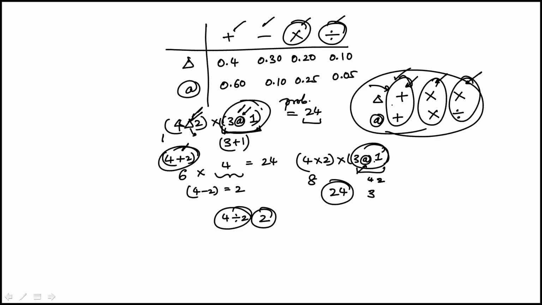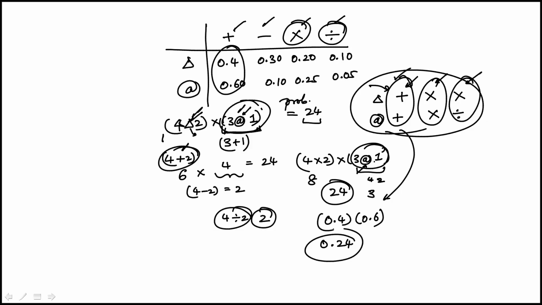So the first one is we need the triangle to be plus and at to be plus. And they give us the probabilities here. So the probability of that happening would be the product of those two, because both need to be true. So that's 0.24. And then both being multiplication, 0.2 times 0.25, that will be 0.05.